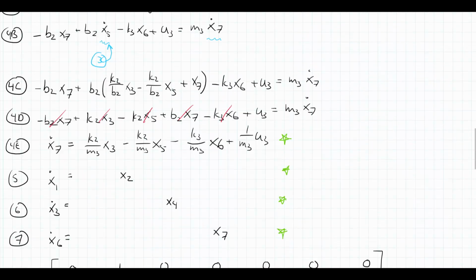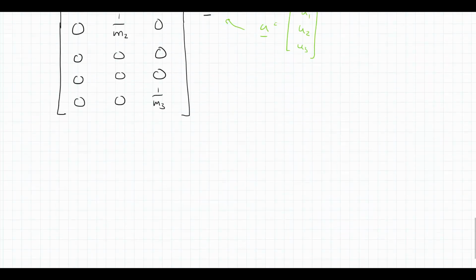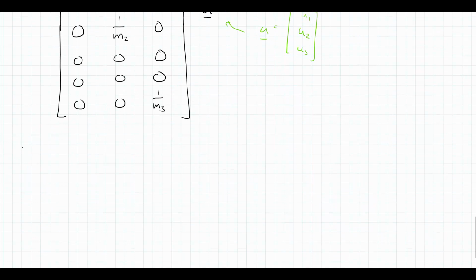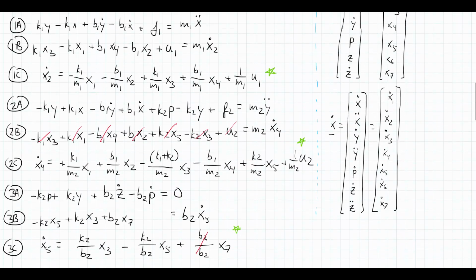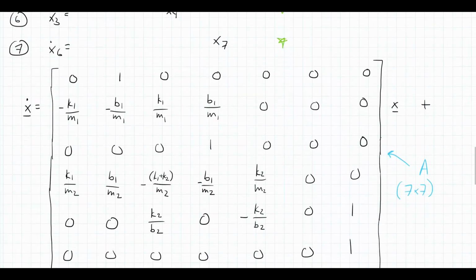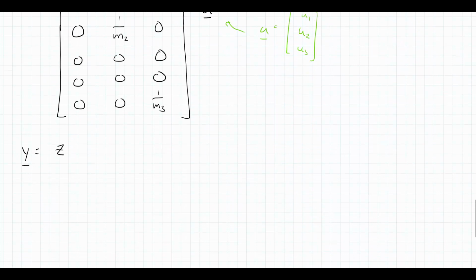So going all the way down here, our observables, vector y, for this problem is just z. And z, if we go back up here, was x6. I'll put it in the matrix here, even though it's just a single value.